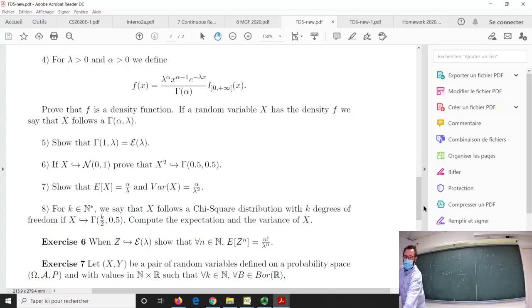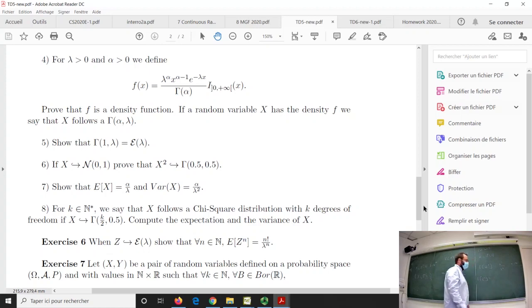I give you the solution as promised, okay, because some of you have already found the solution. So I just write the definition of what I want. That is the expectation of Z to the power n.